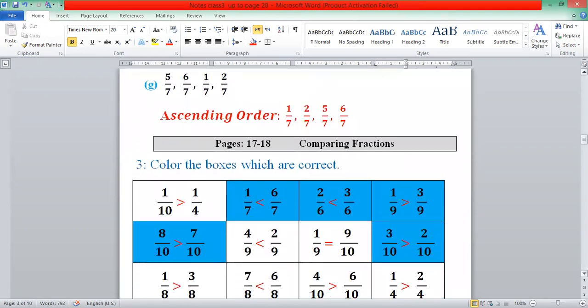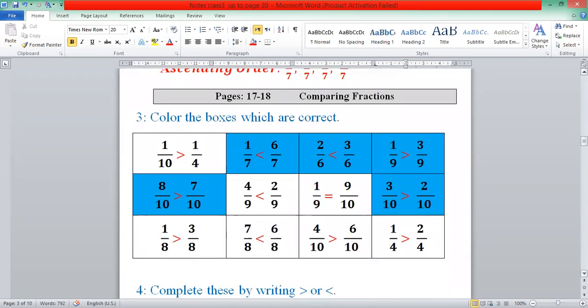Now I am going to explain pages 17 and 18. In pages 17 and 18, one box is given and one box has smaller boxes.